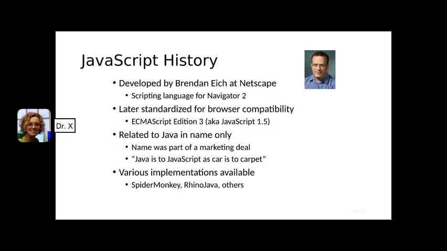As I said, a quite misunderstood language, even confused with Java, which has nothing to do with it. It's related to Java just in name. It was discovered a while ago at Netscape, and then was standardized for multiple browsers. And then there are various flavors of it, and it's still pretty prevalent in web programming, web application programming.